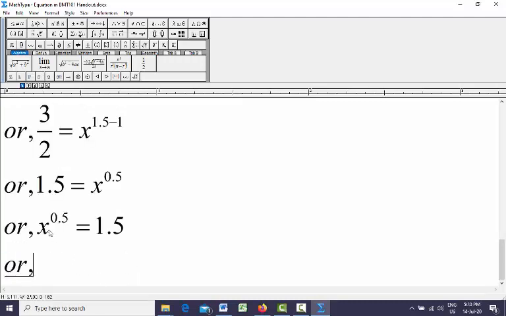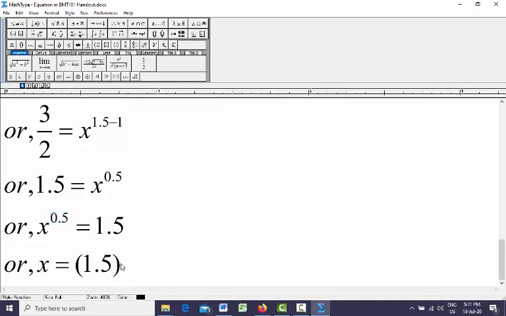So we have to leave only x on the left hand side. Other than x, everything else needs to be moved to the right hand side. So on the right hand side we have 1.5, and if we move this power to the right hand side, the rule says that power moves as power.